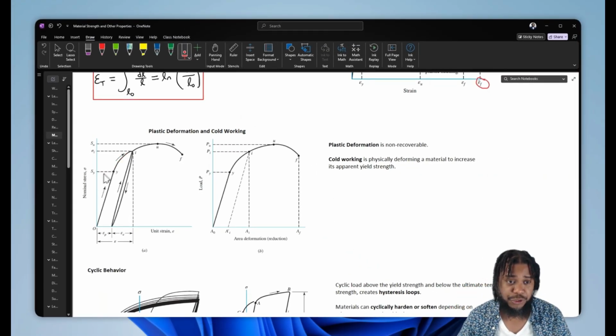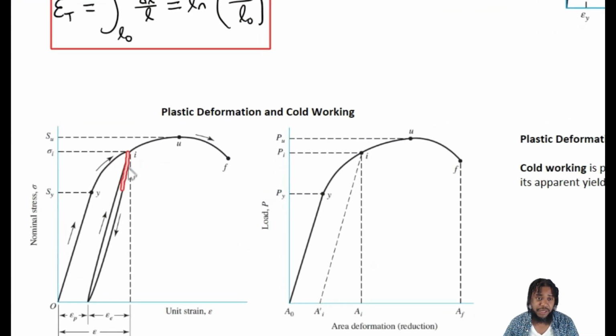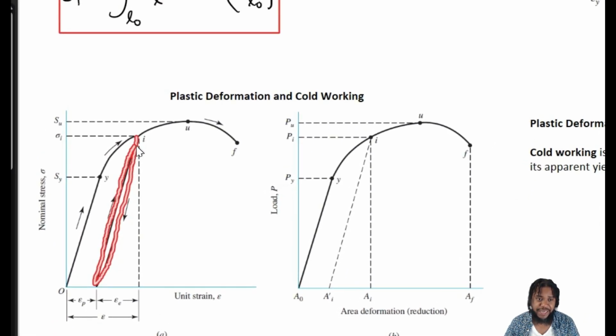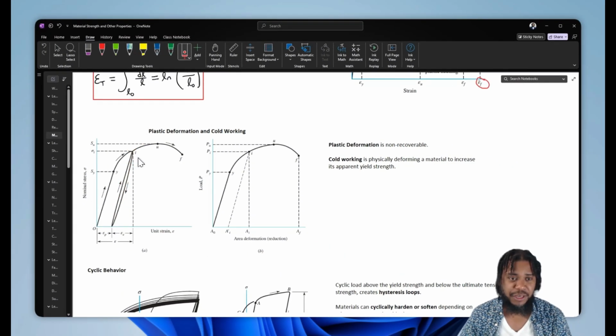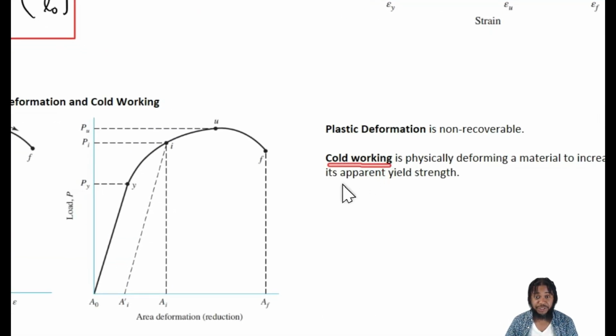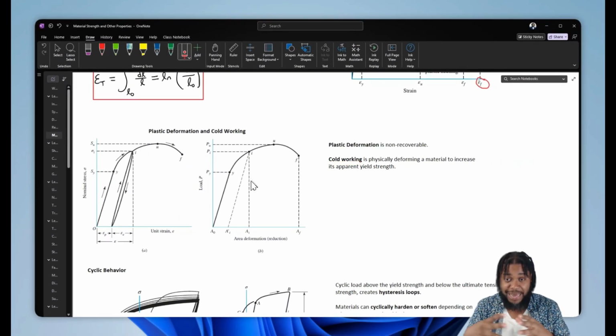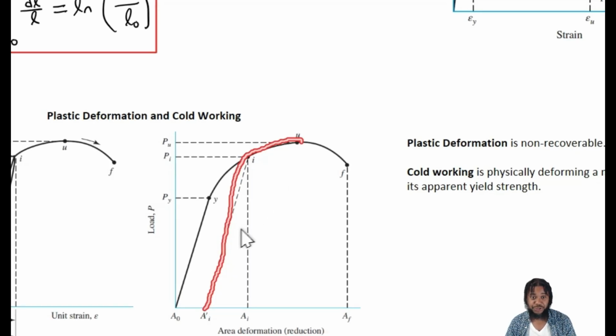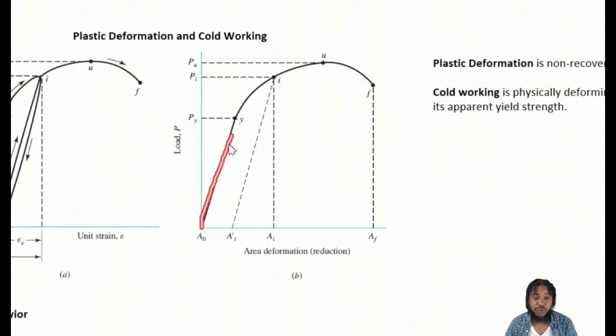So if we were to load past yield, unload, and reload, in order to yield again, we have to go back to where we stopped. So our yield strength increases. We can actually take advantage of this phenomenon to cold work parts and materials to plastically deform them so our yield strength is higher in our part when we put it into service rather than having a lower yield strength.